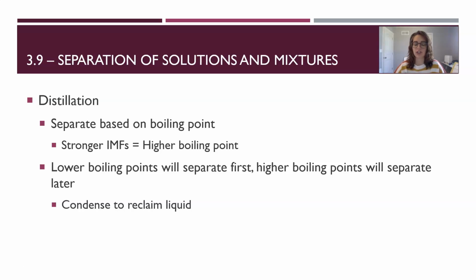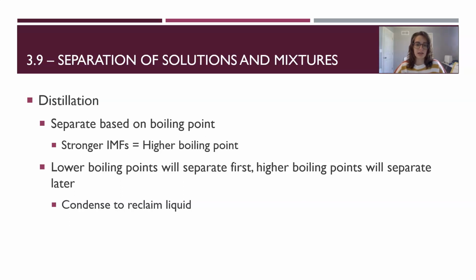It's going to need more energy to go from a liquid to a gas, or to break those intermolecular attractions. So as you heat up your mixture for distillation, because that's how distillation works, you condense at different times, at different temperatures, to get the different substances off. The lower boiling points are going to separate out first, and the higher boiling points will separate later.